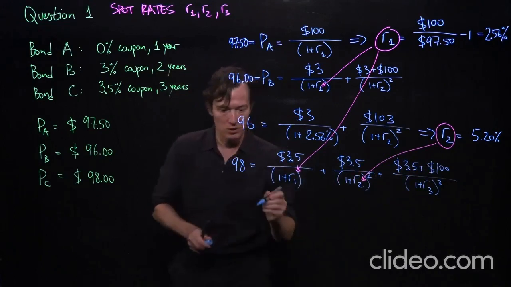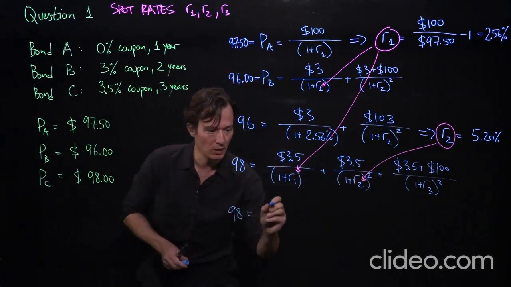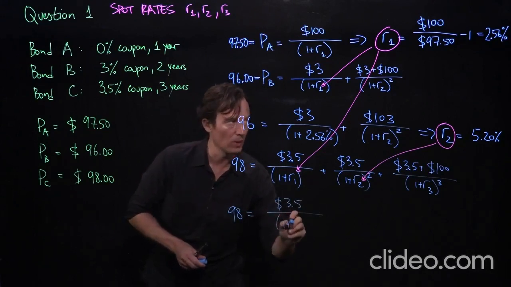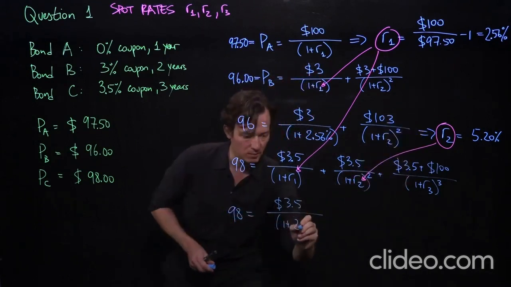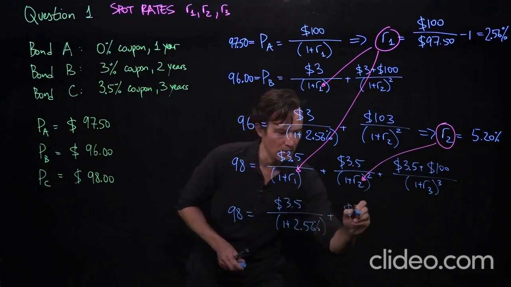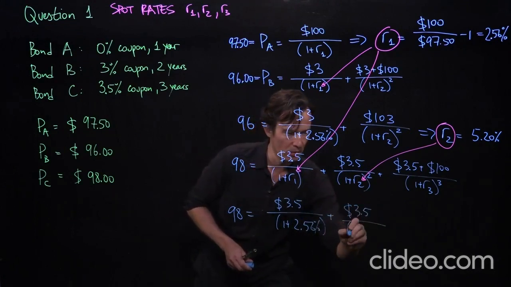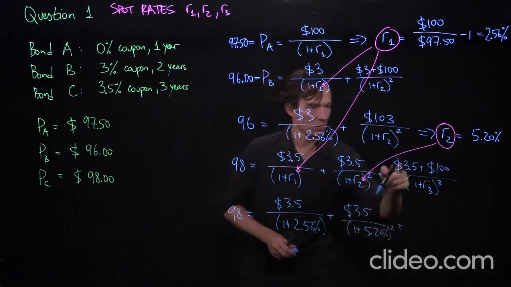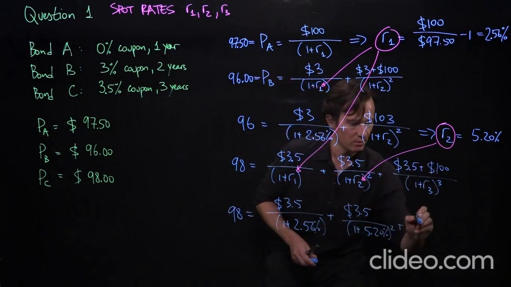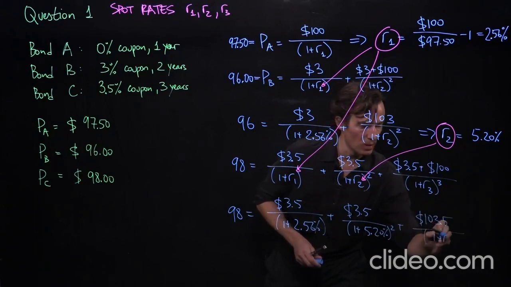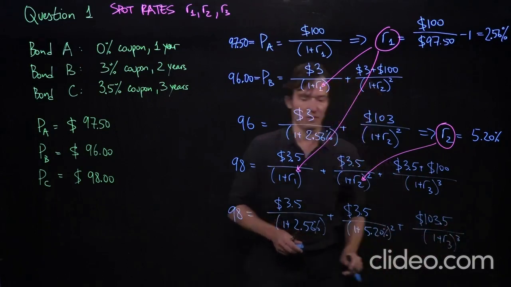So let's do it. $98 equals 3.5 divided by 1 plus 2.56%, plus another 3.5, that's our second coupon, divided by 1 plus 5.2% squared, plus 103.5 divided by 1 plus R3 raised to the power 3.